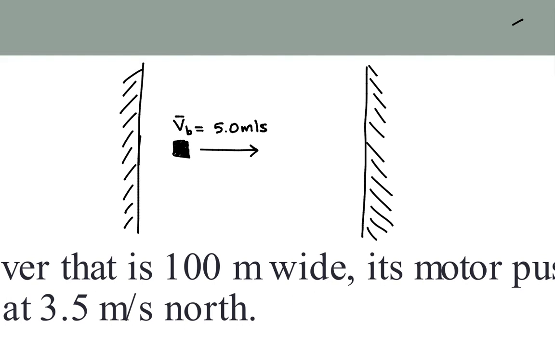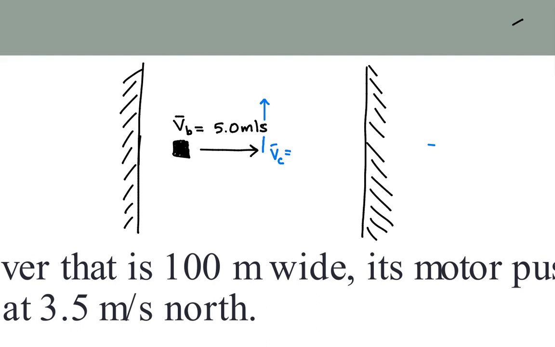Then you have to consider the current. What's the velocity of the current? 3.5 meters per second north. So you are going to draw that one tail to tip. What are we going to call that one? VC. Good.